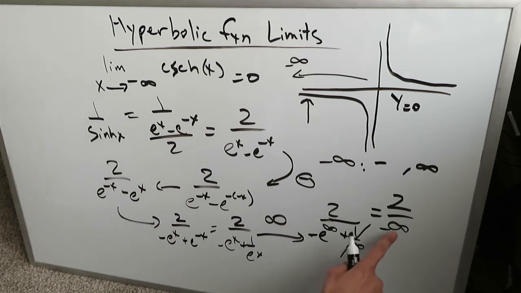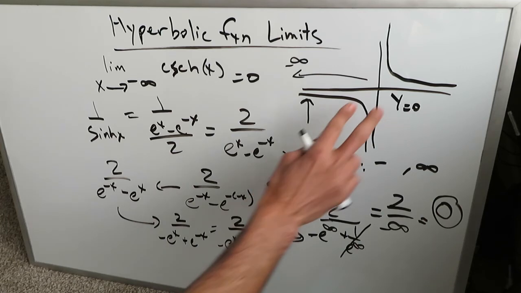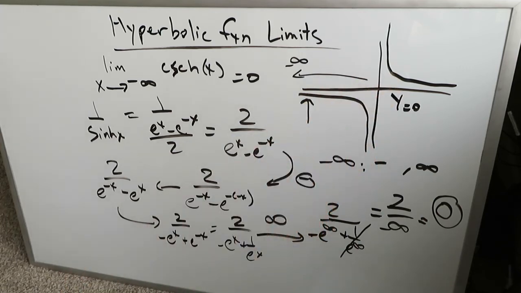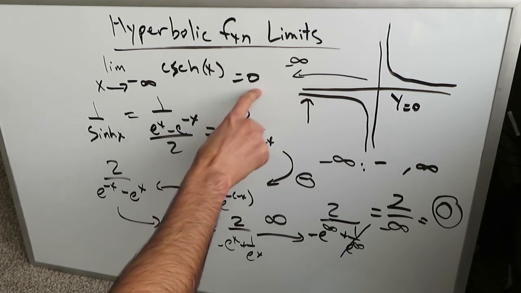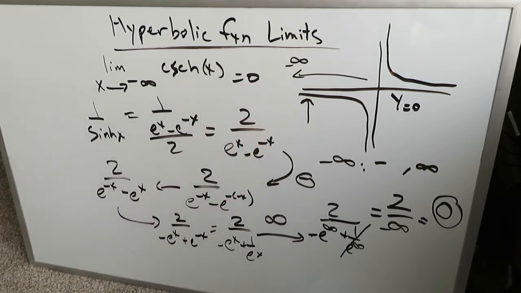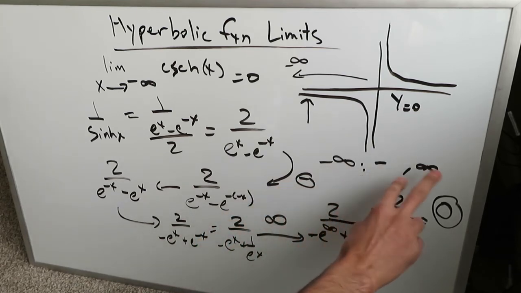It's so arbitrarily close to 0, you might as well call it 0, because it doesn't matter if it's a positive infinity or a minus infinity. On either side of this 0, you're just at 0 pretty much, and you're confirming the fact that 0 is a good answer.